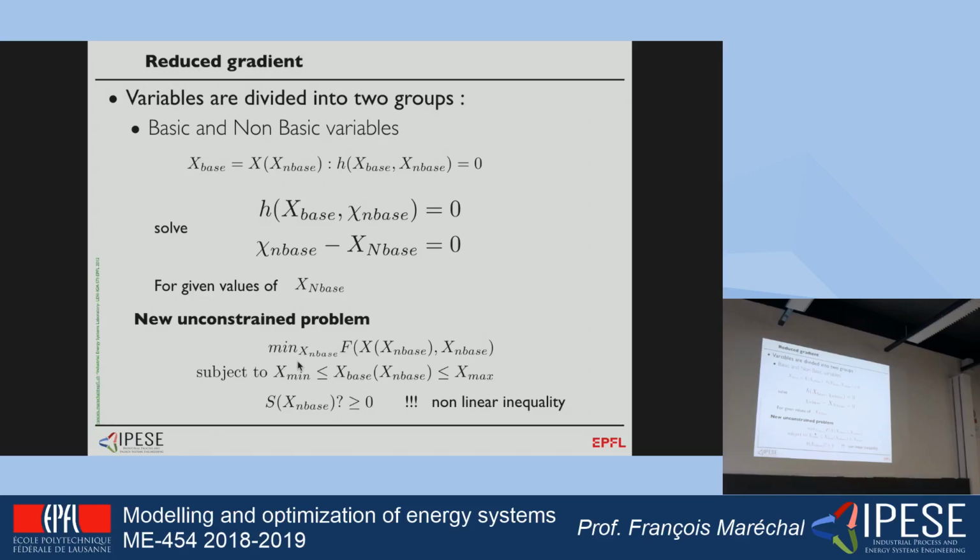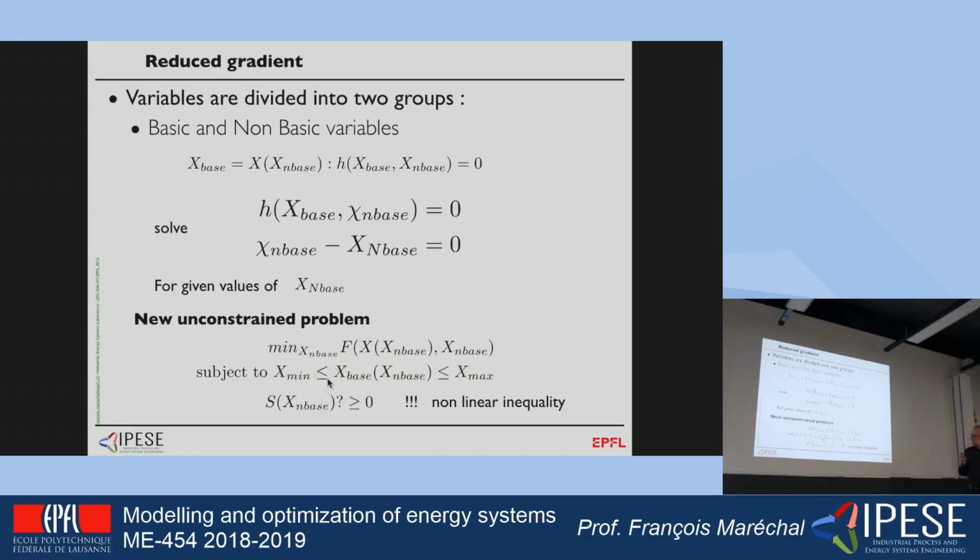And now I have an unconstrained problem: find the value of the non-basic variables in such a way that the objective function, which is a function of the non-basic variables and the basic variables that are calculated as a function of the non-basic variables, is minimum. Okay, and in this case, I have the inequality constraints that apply here.